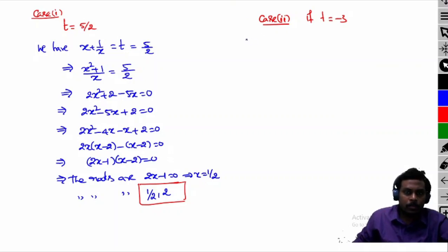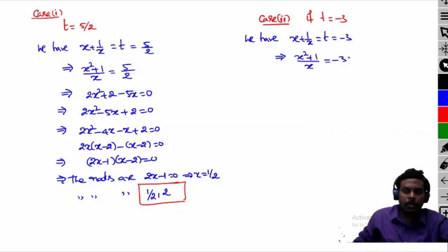So we have x plus 1 by x is equal to t, that is equal to minus 3, implies x square plus 1 divided by x is equal to minus 3, implies x square plus 1 is equal to minus 3x.